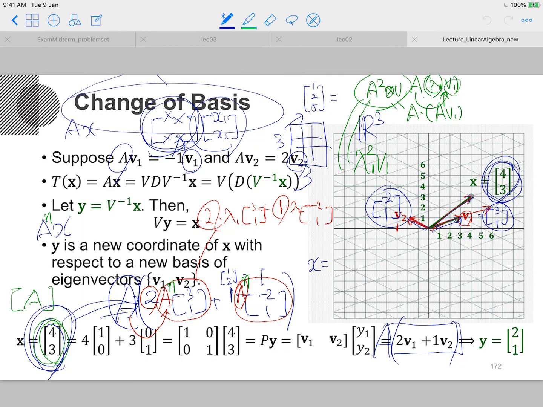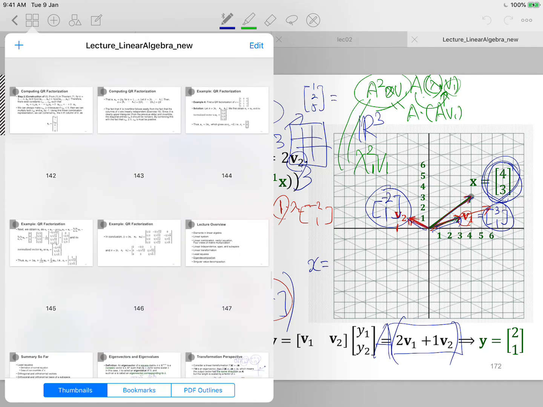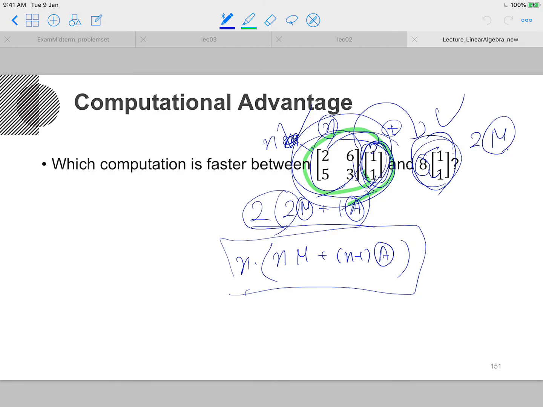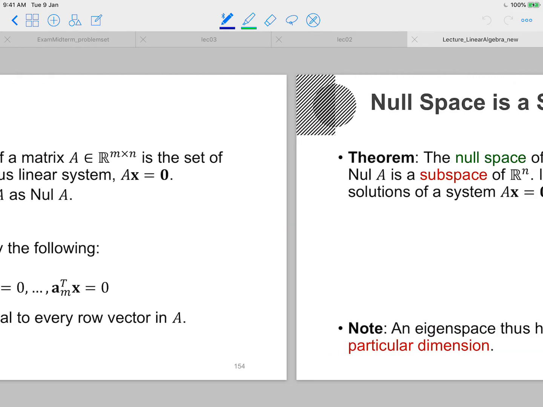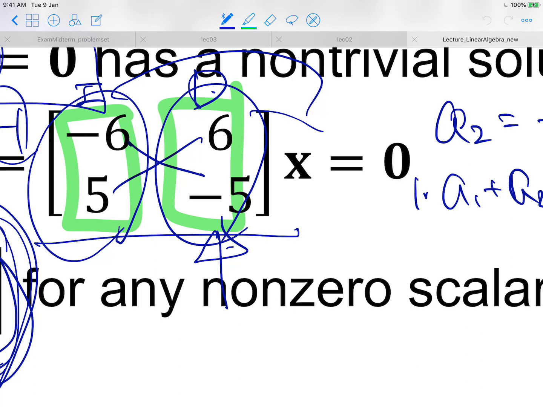Yeah, for example, let me show the example over here. Let's see. So back to this example. Suppose A is our eigenvalue, and if we just subtract 8 along the diagonal, then we obtain this matrix, right? The singular matrix times x equals 0, and then all the possible solutions for x will be the null space of this matrix, right?